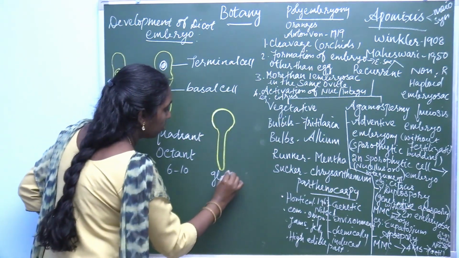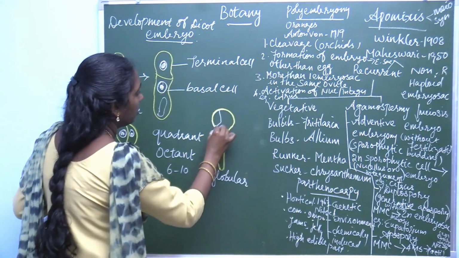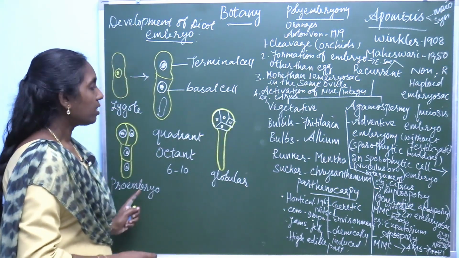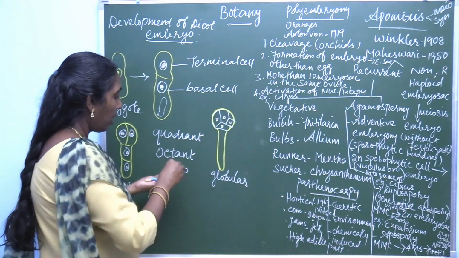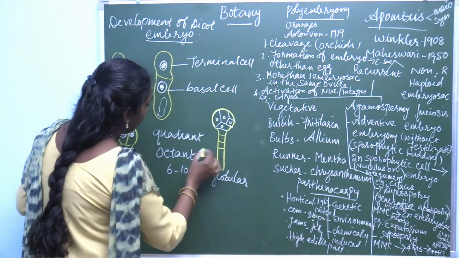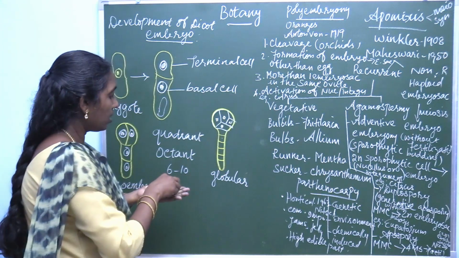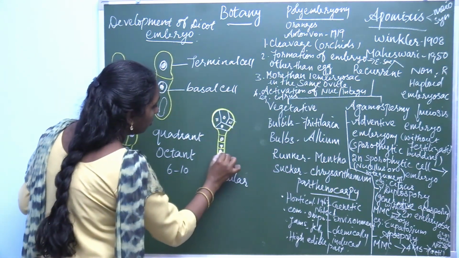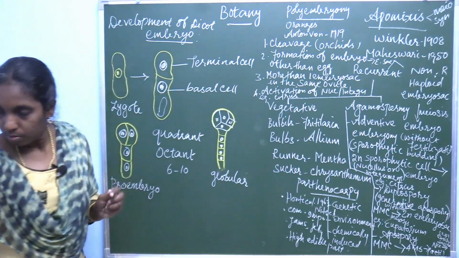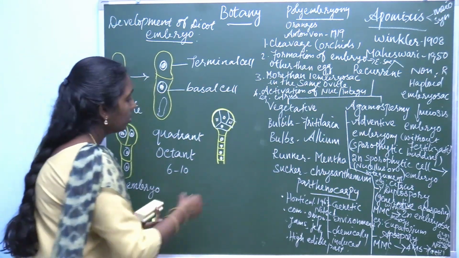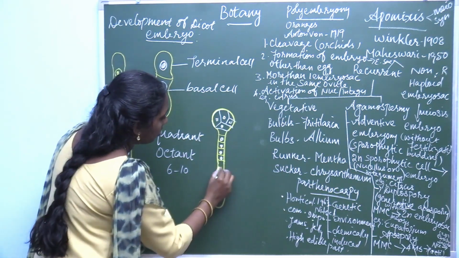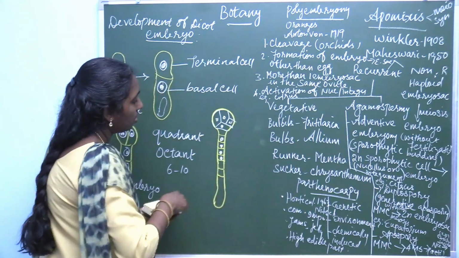The basal cells undergo a number of divisions and 6 to 10 cells are formed: 1, 2, 3, 4, 5, 6, 7 cells.